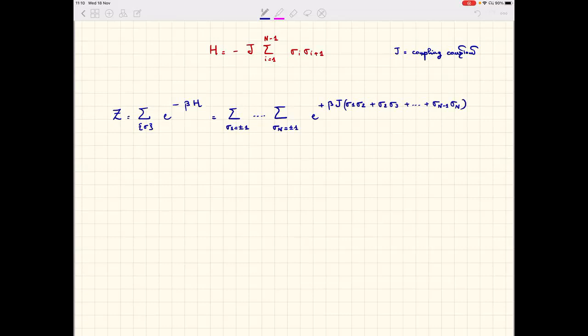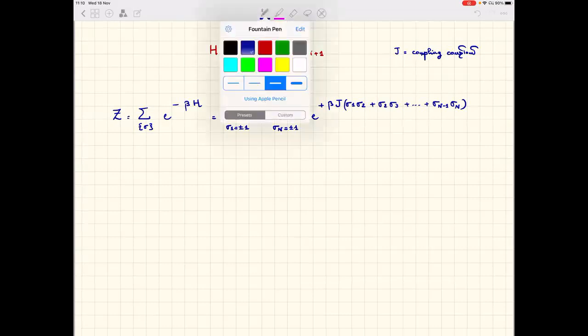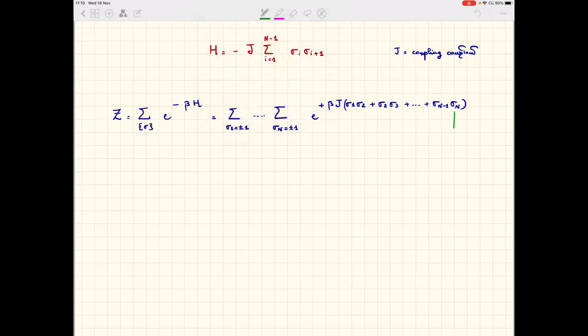Now notice one thing: sigma n appears only in this last term in the sum. Sigma 2 appears in this one and this one. Sigma 3 will appear in this one and the next one, and so on, all the way to sigma n minus 1. But the last one, sigma n, appears only in the last term, because it's at the boundary of the chain. So there's only one link.